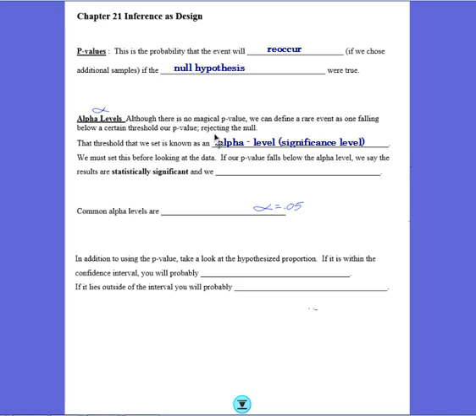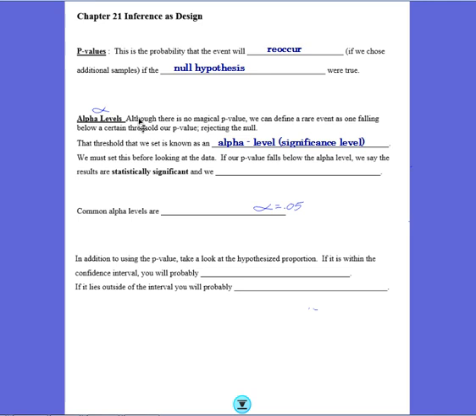Last class we talked about how there was no such thing as a magical p-value, but we have a threshold that's called an alpha level. This is something that the researcher typically sets before the study begins. A good researcher should set it before the study begins.